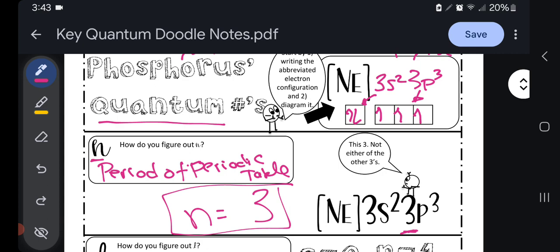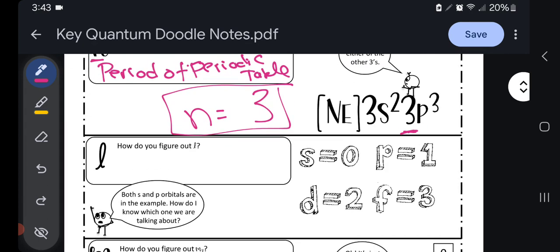Now, how do you find l? Remember, when we looked at the other packet, l is our angular momentum, which is essentially which shape we are taking. So what orbital: s, p, d, or f? We associate a number with each of them. If it's an s orbital, it'll be 0, p orbital 1, d orbital 2, f orbital 3.